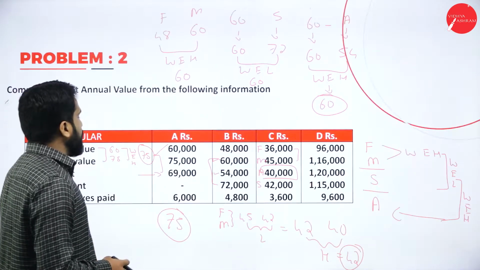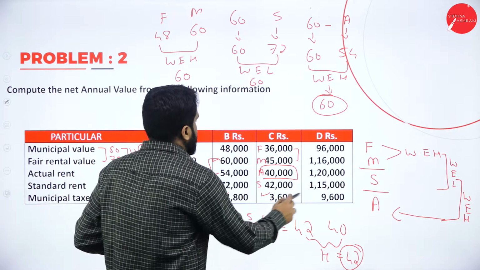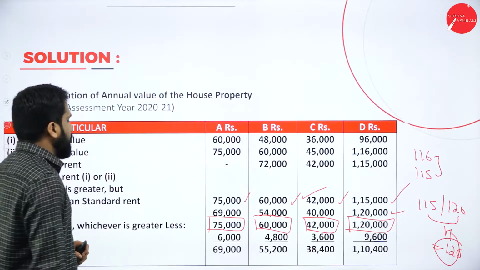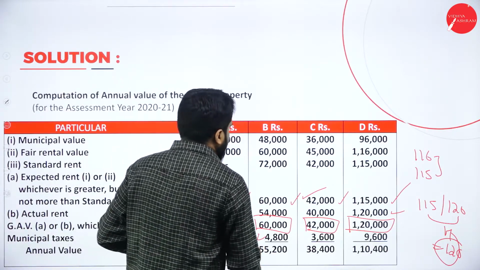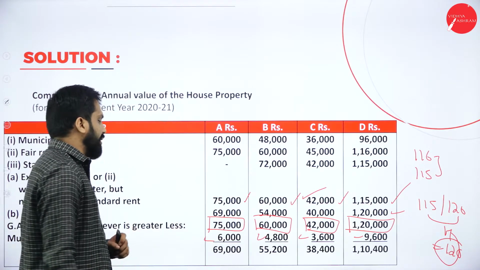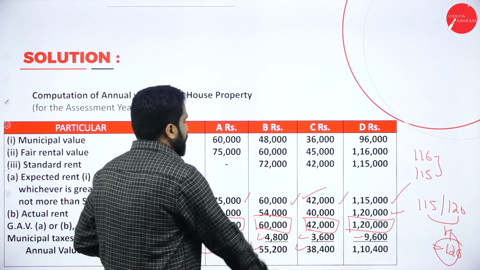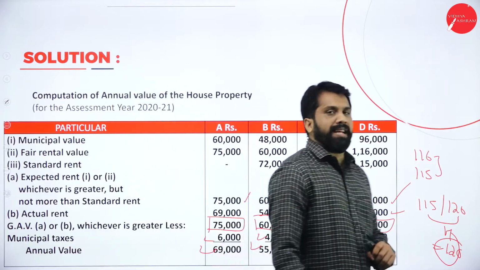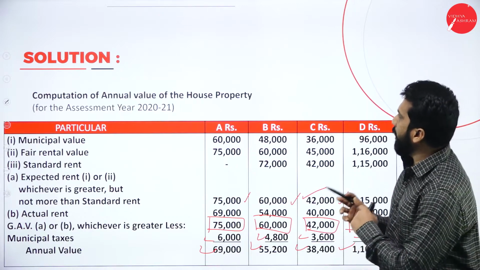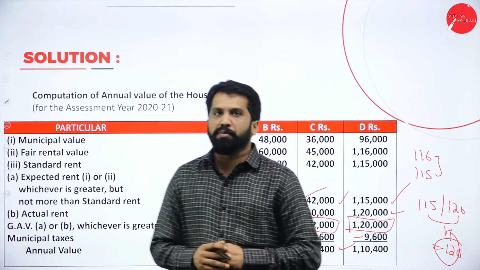As per this, your municipal tax is 6,000, 4,800, 3,600 and 9,600. Final answer: 69,000, 55,000, 38,000 as well as 1,10,000. Any doubt? No doubt. So this is all about your computation of annual value of house property.